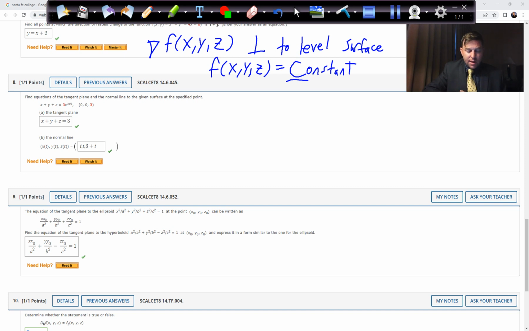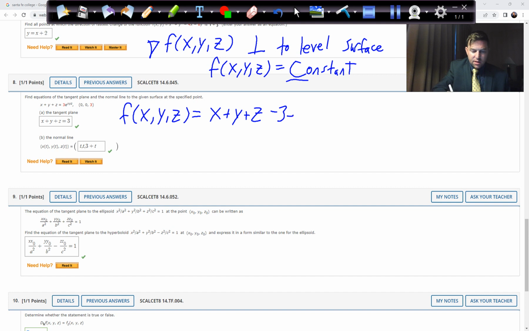Okay, so in this one, this function is almost equal to a constant, but they have 3e to the xyz, which is actually a variable. So what we're going to do is we're going to call f of x, y, z, we're going to let that equal x plus y plus z minus 3e to the xyz.